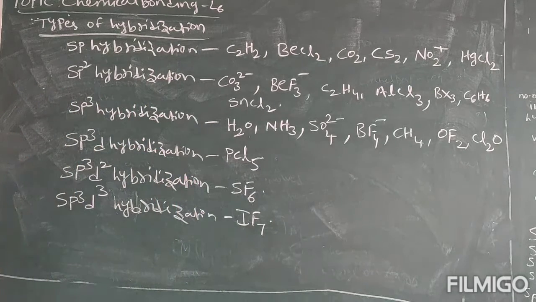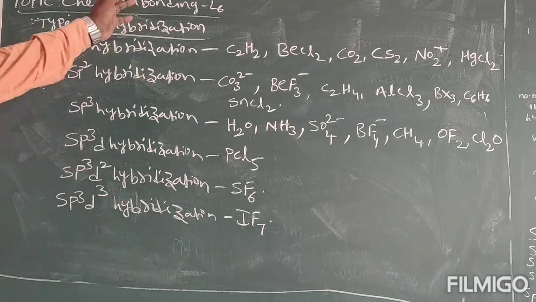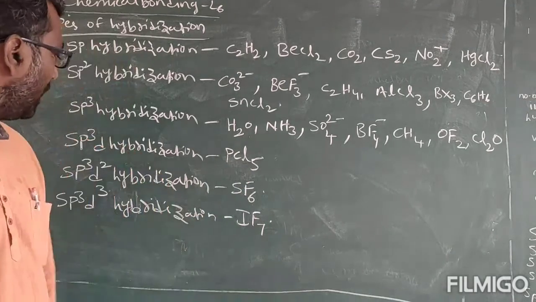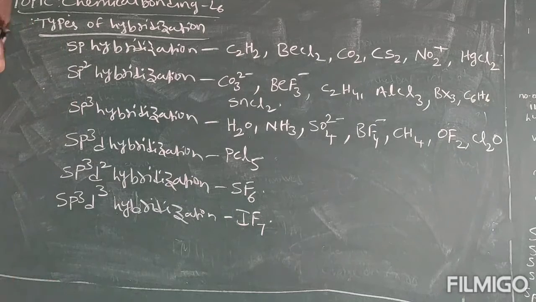So these are the compounds or molecules which undergo different types of hybridization. There may be some more examples, but these are the standard examples of sp3d, sp3d2 and sp3d3.